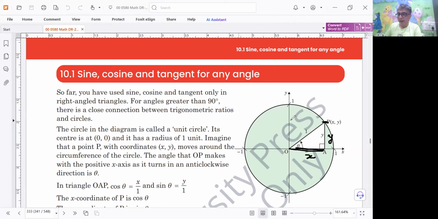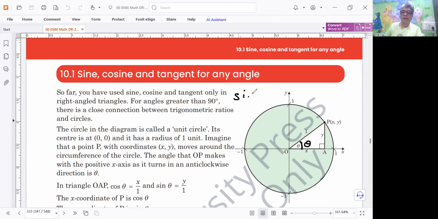Because this is parallel and perpendicular to each other, it is a rectangle. So I can take this as x and this is y. Clear? So I made this triangle with the angle theta. It can be any acute angle right now. Then we'll see how the obtuse angle will work, and the reflex angle also.